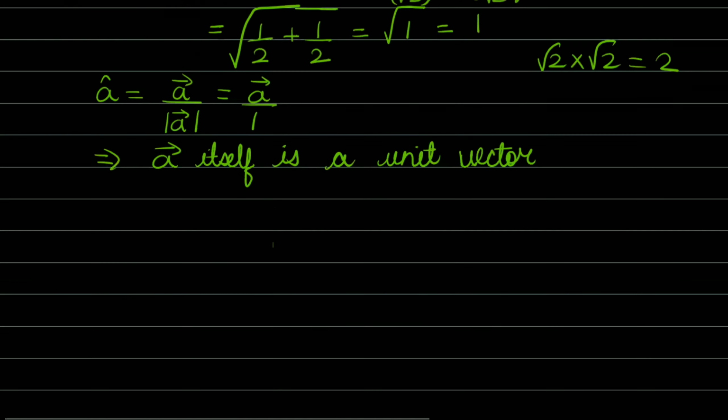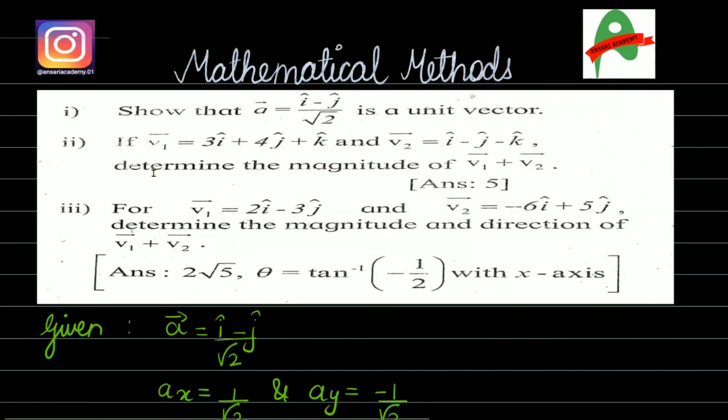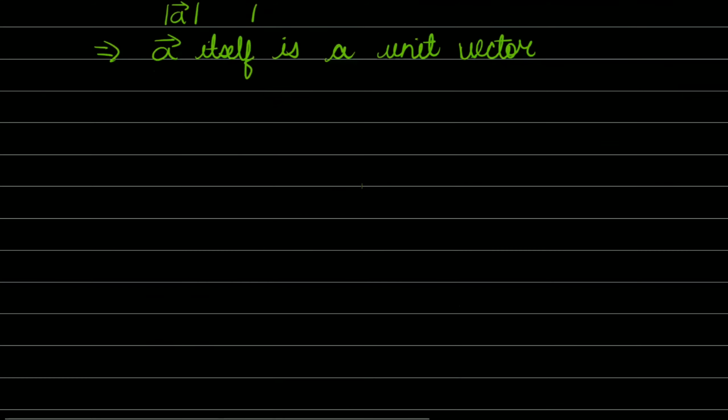All right, let's move on to our second question. If V1 equals 3i cap plus 4j cap plus k cap and V2 equals i cap minus j cap minus k cap, then determine the magnitude of V1 plus V2. We only have to add both the values. So first you should write the given conditions.